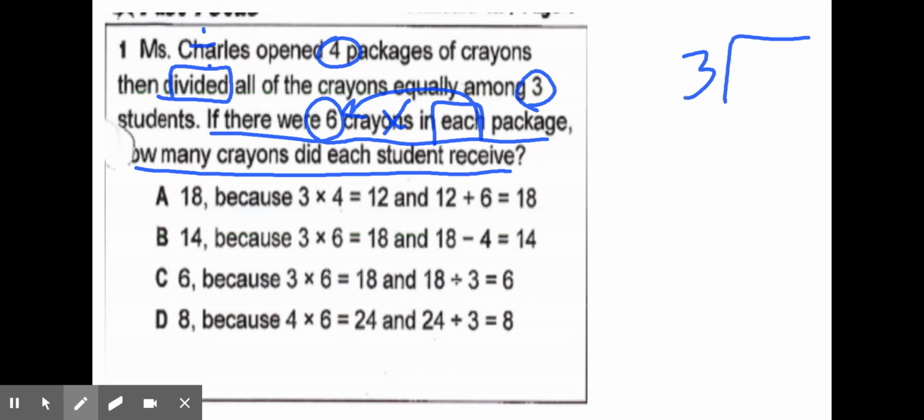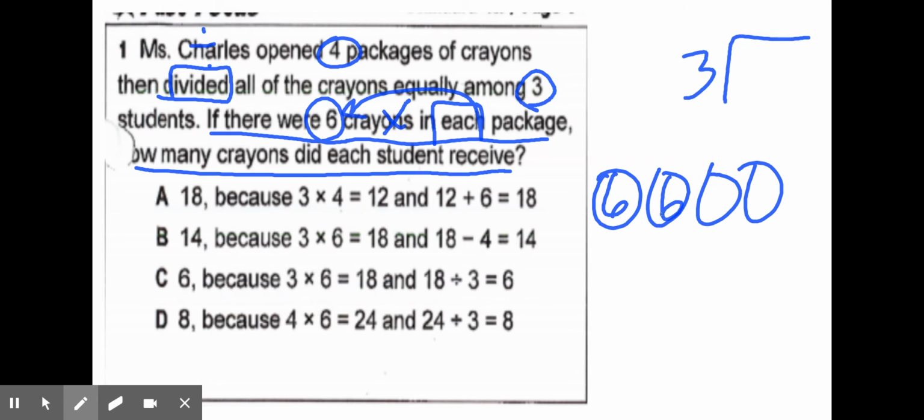It says she opened four packages of crayons. So I'm just going to draw four packages of crayons. And there were six crayons in each package. So since these are all the same, I know that's 6 times 4, and 6 times 4 is 24. So there were 24 crayons, and she divided them among three students.